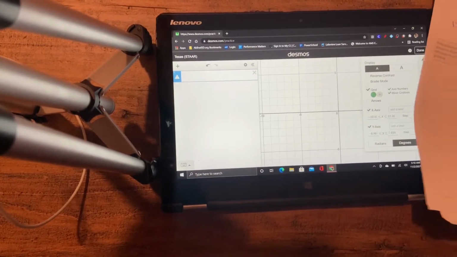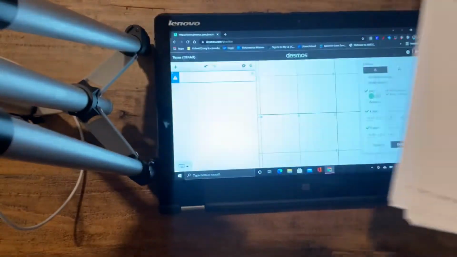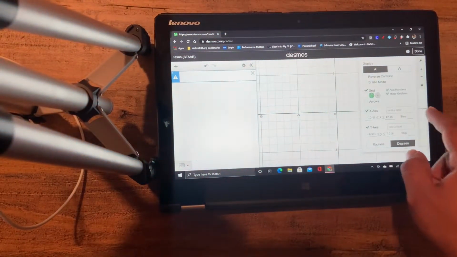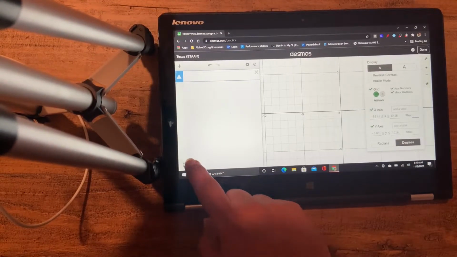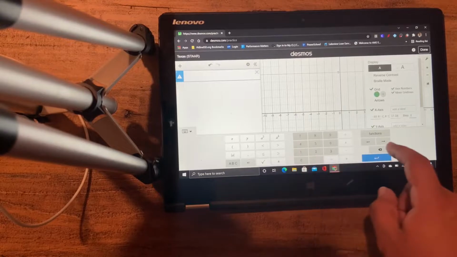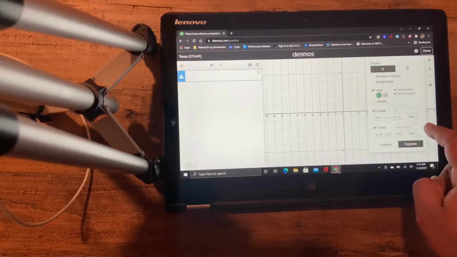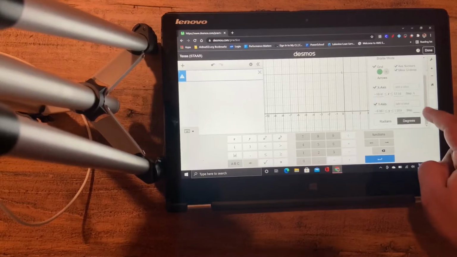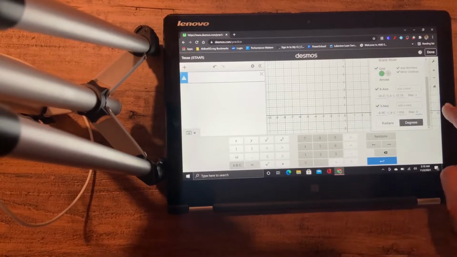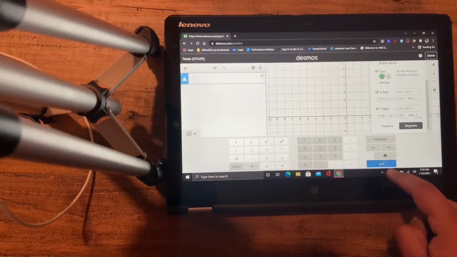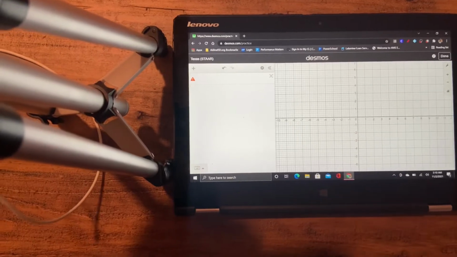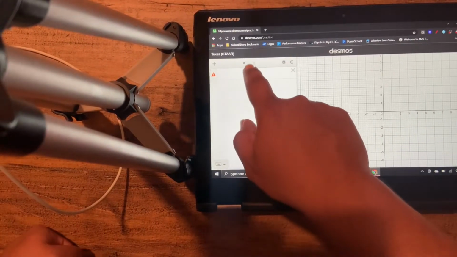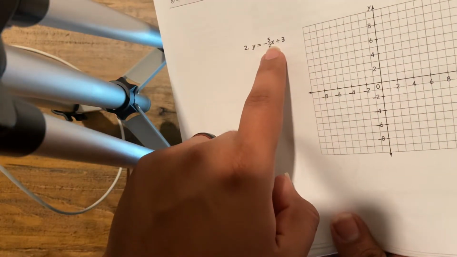Because my problem is going by ones, I definitely want the same thing, so right here in step, I'll click 1. As you can see, all the numbers popped out. It looks pretty neat. Second thing, I'm going to type in my equation: y equals negative 5 over 2x plus 3.